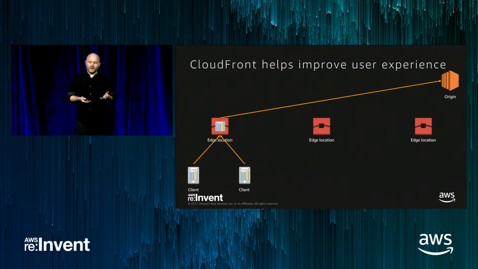If it did have to make a second request, the advantage is that the persistent connection between the edge location and the origin is already established. So even if the request has to go back to the origin, it'll be quicker than going directly to the origin, because over part of the distance the TCP connection is already established.